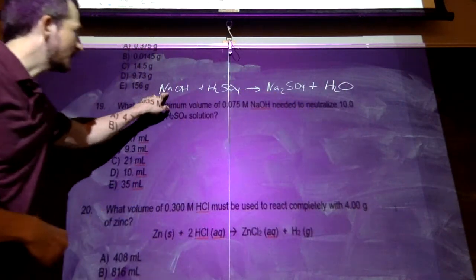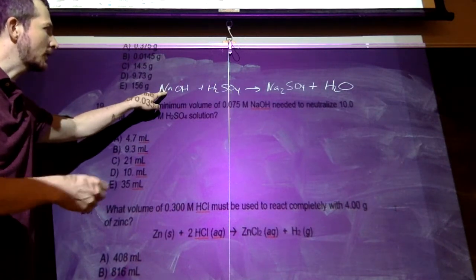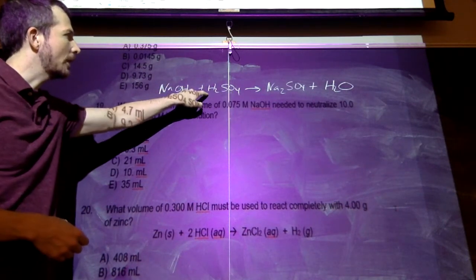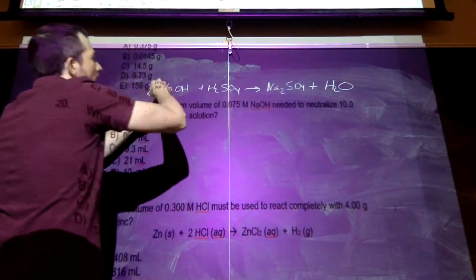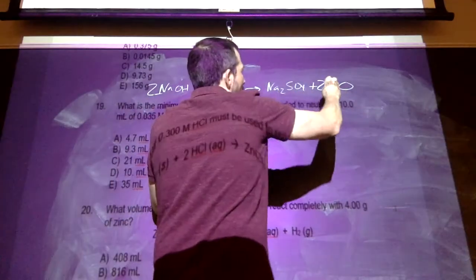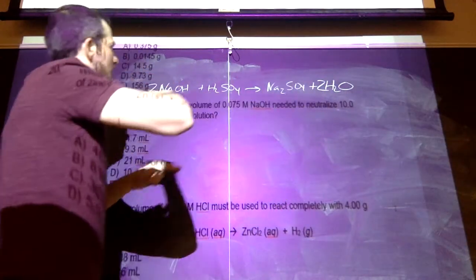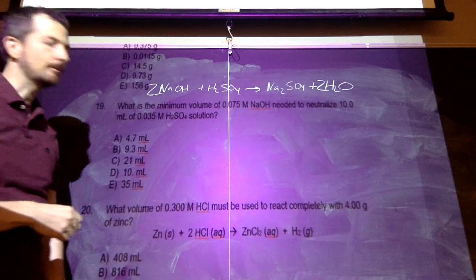So again, we're going to put the positive first, pair with the negative second. I have a 2 minus here, so I need 2 sodium, so we need Na2SO4. Then I have my water. Balance it, I need 2 sodiums. That gives me 4 hydrogens, so I need 4 hydrogens over here. Oxygen's balanced, sulfur balanced. That's my balanced equation.